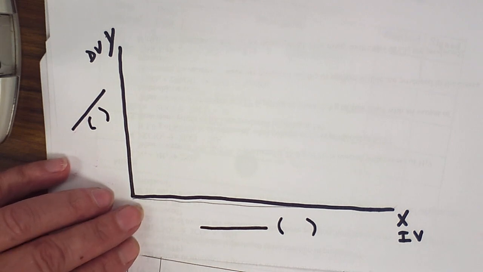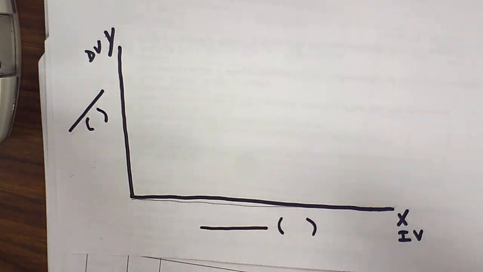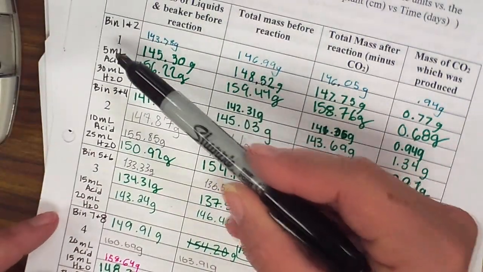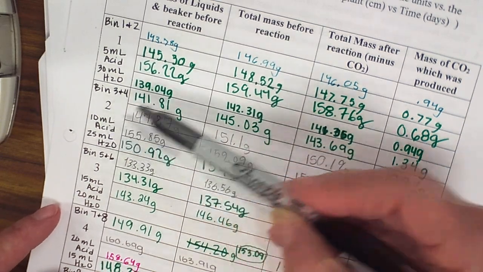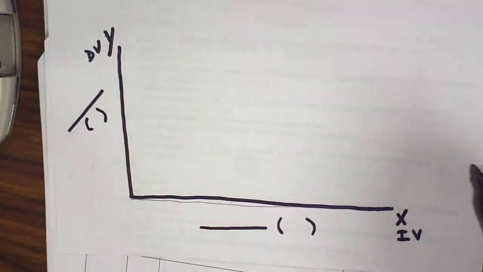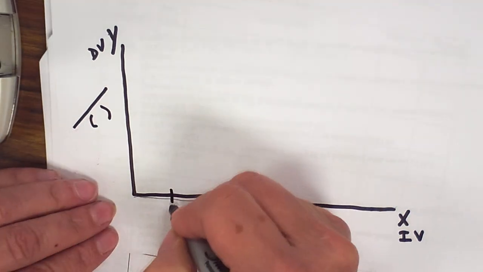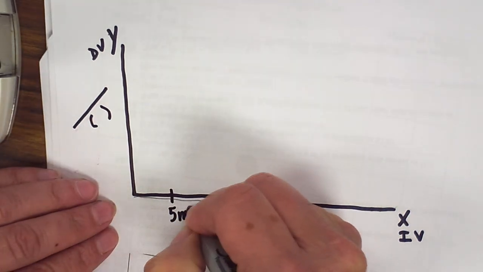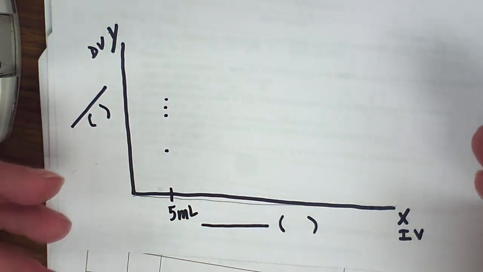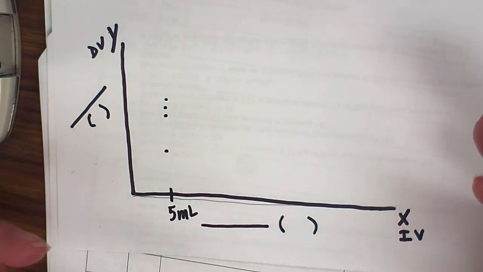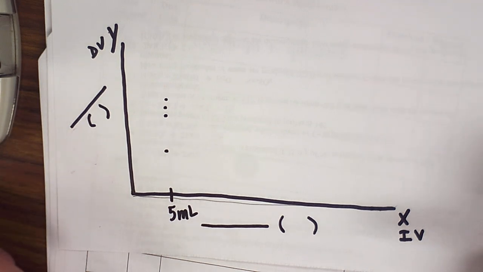Now, it's a little complicated because we did 4 trials. For each 5 milliliters, 10 milliliters of acid, we did 4 trials. So what that means is that at 5 milliliters of acid, there are actually going to be 4 points. I don't know what those 4 points are going to look like, I'm just telling you there's going to be 4 points.